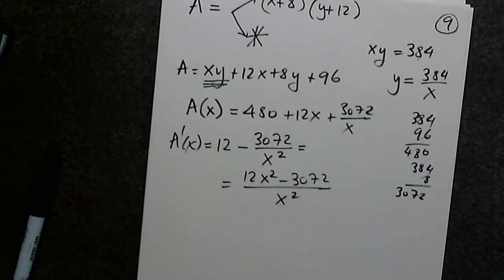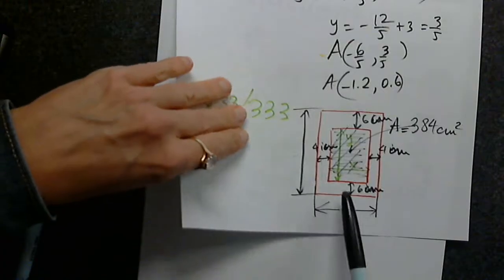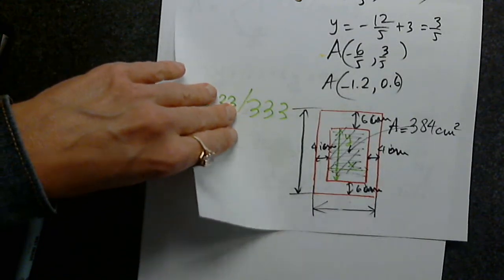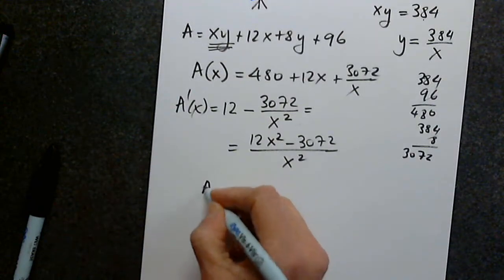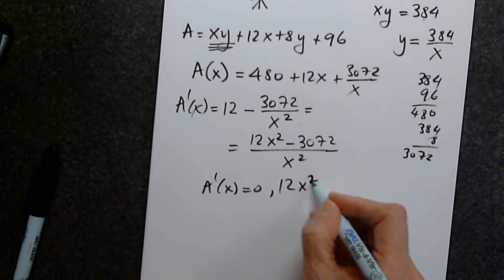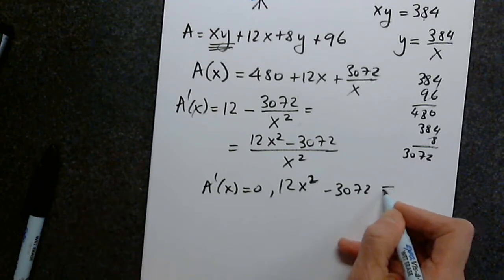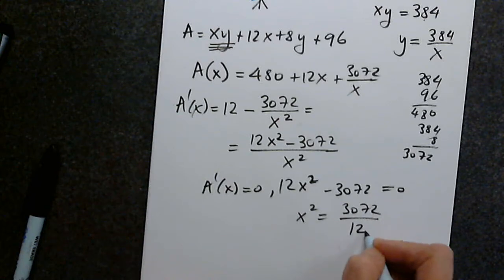This function is undefined at 0, but 0 cannot be a critical number, because x can never be 0. Good. So the only chance for critical numbers is from A prime being 0, which is 12x squared minus 3072 equals 0, or x squared equals 3072 over 12.